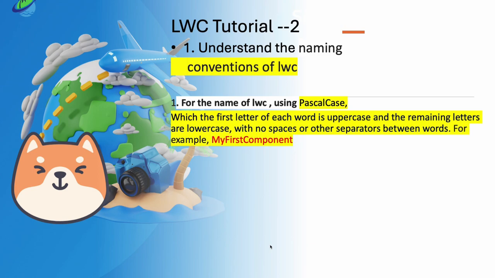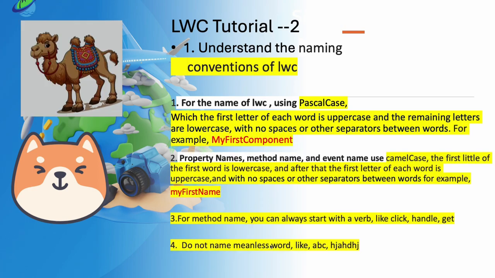For property names, method names, and event names, we use camel case, in which the first letter of the first word is lowercase, and after that, the first letter of each word is uppercase, with no spaces or other separators between words.